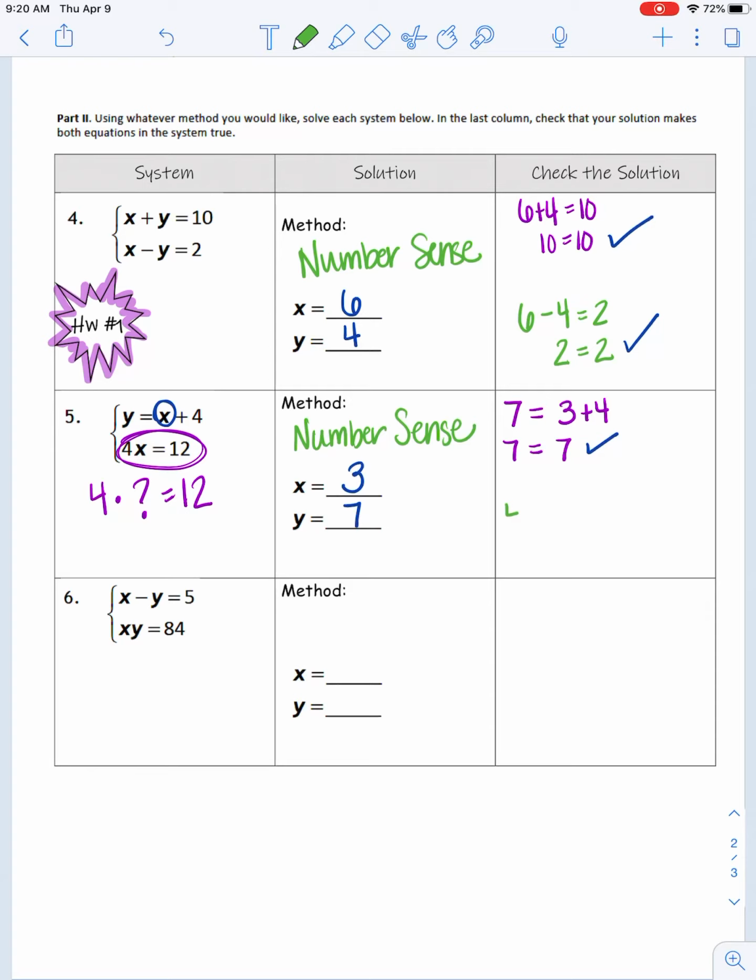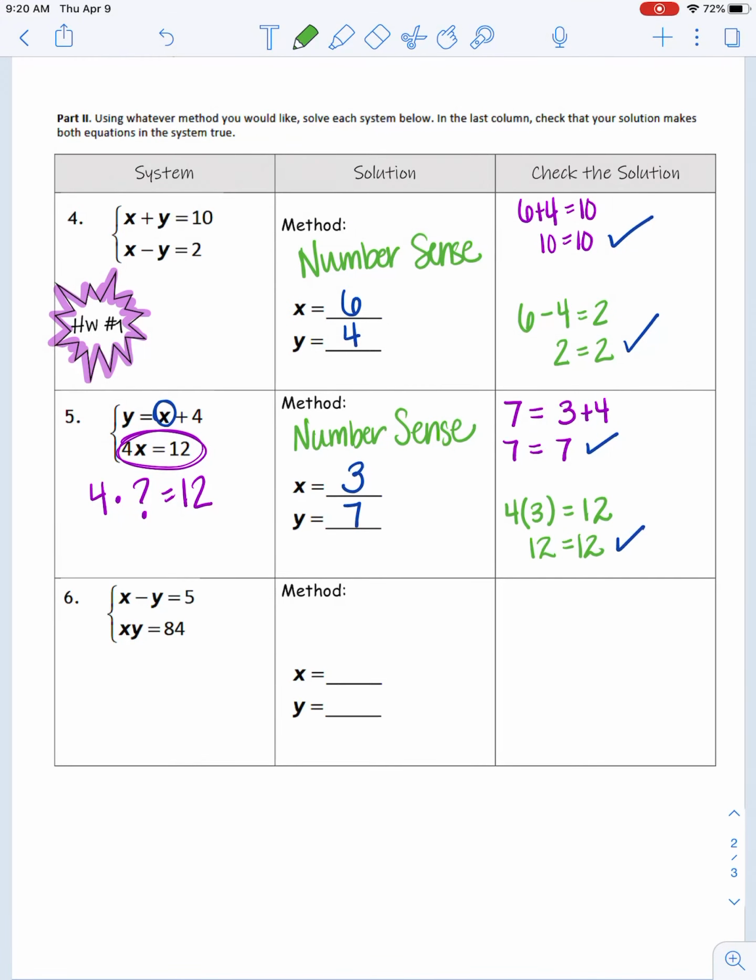So I'm also going to check my second equation. And there's no y in my second equation, so I'm only substituting 3 in for x. And 12 is what I get when I multiply 4 times 3. And 12 equals 12. So my solution works.